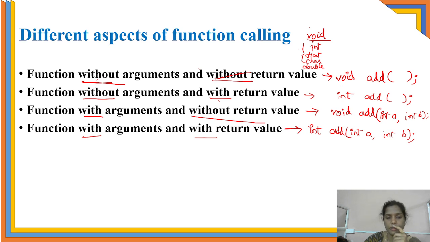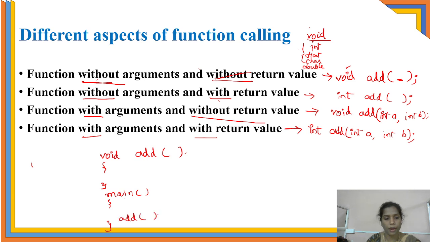See, let's discuss the first one, without arguments, without return type. Let's take one example, void add, and main. I write the function definition, and in main I am doing function calling, add of.